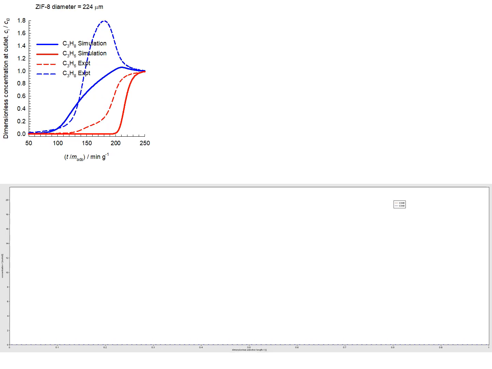We now examine the animations of the breakthrough simulations for a bed packed with ZIF8 crystals with a diameter of 224 micrometers.